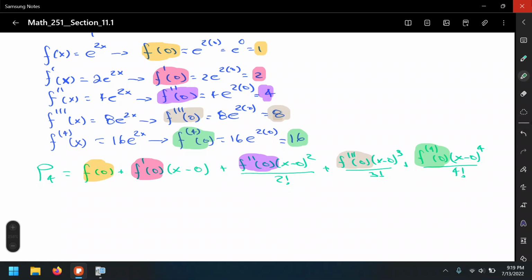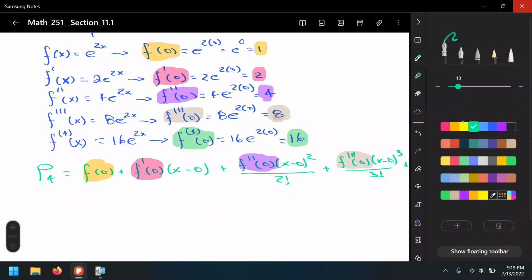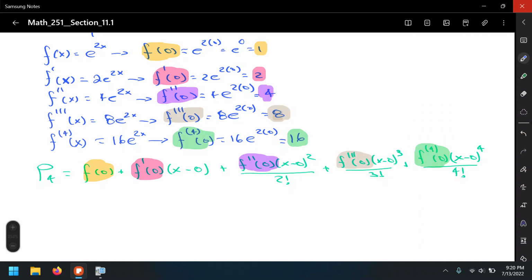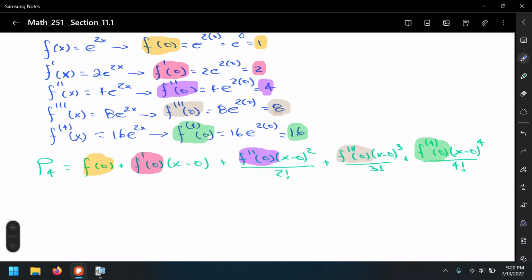Okay, so now that we set up what we're going to write, f of 0, which is 1, plus f prime of 0, which is 2, times x minus 0, plus f double prime, which is 4, times x minus 0 squared over 2 factorial, which is 2.